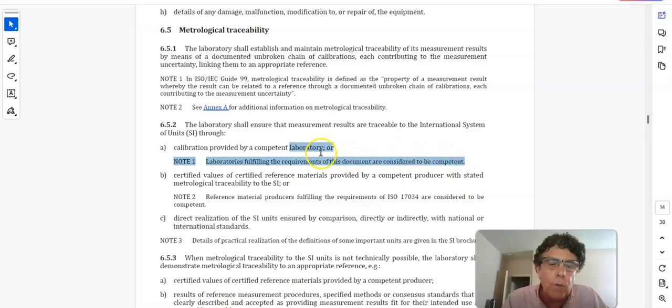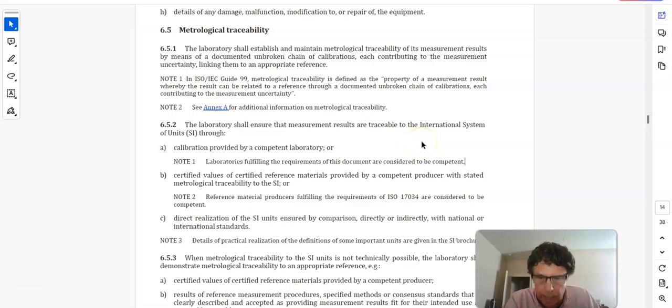That means if you hire a calibration provider, they have to be ISO 17025 accredited. Okay, so we got that out of the way. I can't tell you how many nonconformances I've written for seeing calibration certificates, and when I asked, is this calibration company ISO 17025? And I get that blank stare like, oh, you mean they have to be? Yes, they do. It says right here, laboratories fulfilling the requirements of this document are considered to be competent.